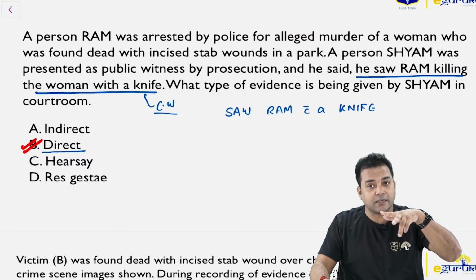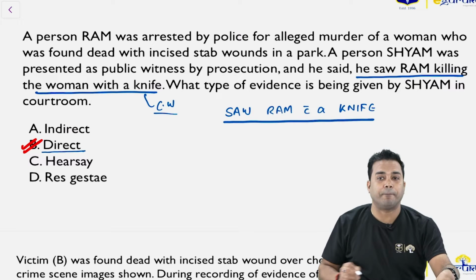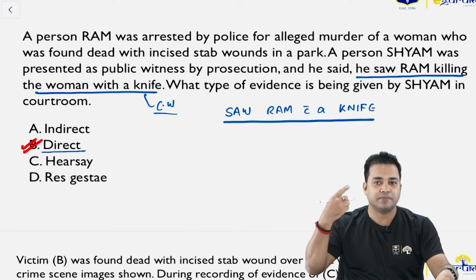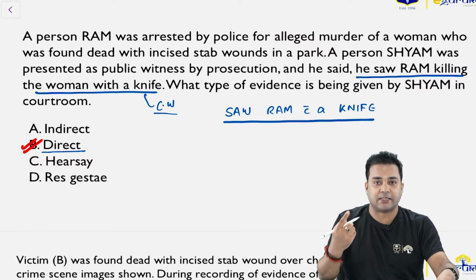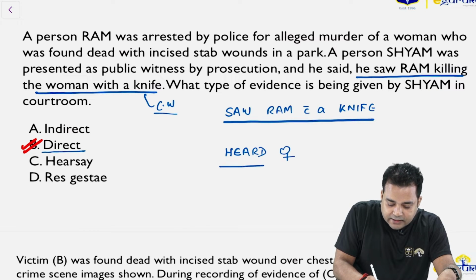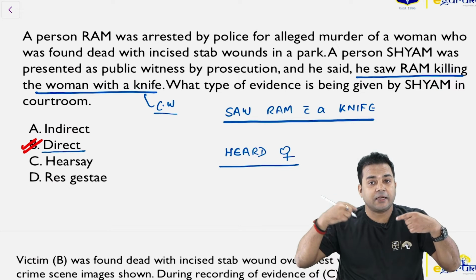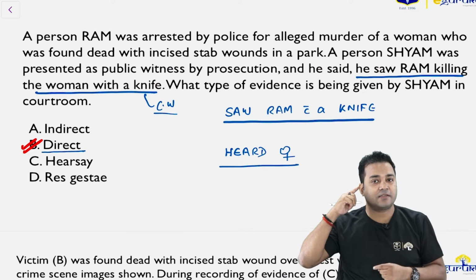He has not seen the crime occurring. He has seen the accused with a knife running behind the victim. What is this evidence? This is indirect evidence. To be exact, which type of indirect evidence? Circumstantial. Then I say that this witness, Shyam, he heard the female running and saying that I will be killed by this fellow. Please save me. This evidence is a heard evidence.